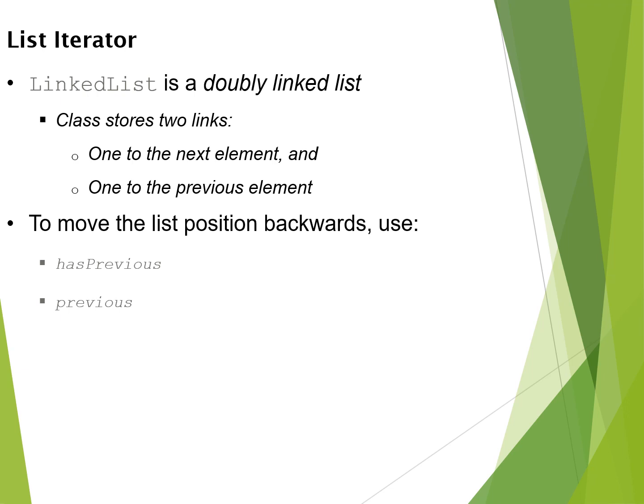So if you use a list iterator and call its previous method, it moves the position of the iterator backward, and then it returns the element that the iterator just passed.